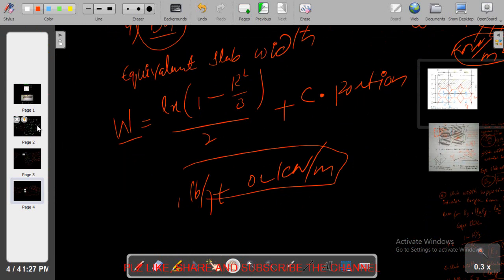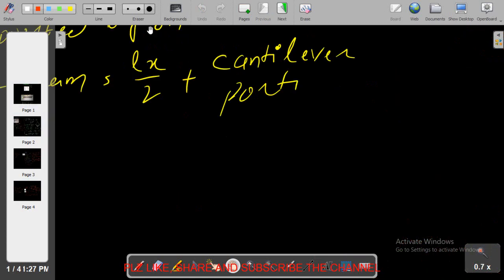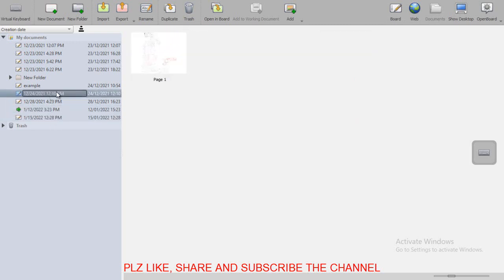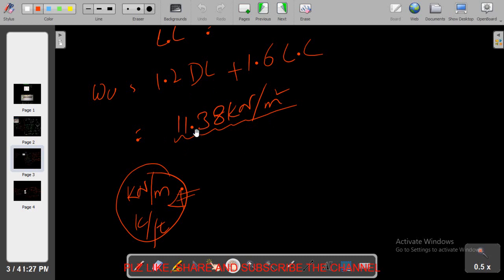So this will be multiplied with those loadings as we already derived right here. That equivalent width will be multiplied with this area loading, and we will get the load as kilonewton per meter or per feet for the design of the beam.